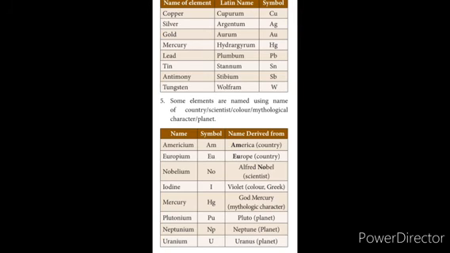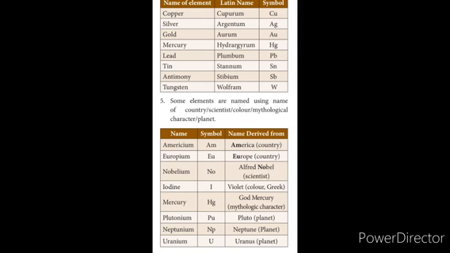And mercury, we use Hg, that is the god Mercury, a mythological character, that's why we use Hg. And Uranus planet, that's why we use U. These are some of the naming methods.